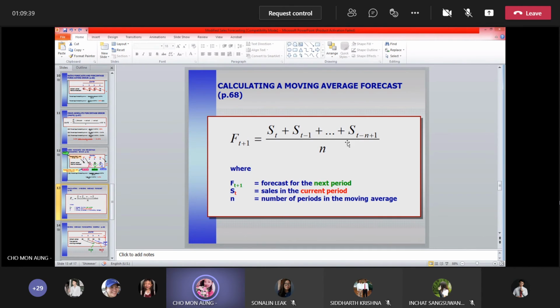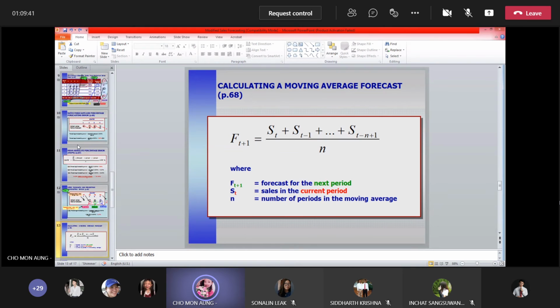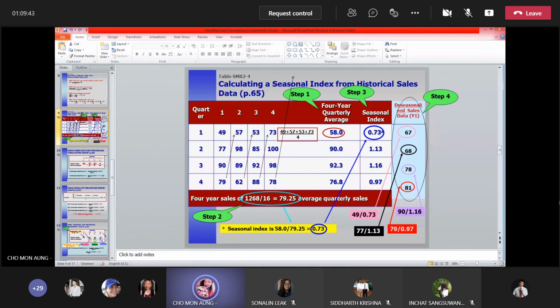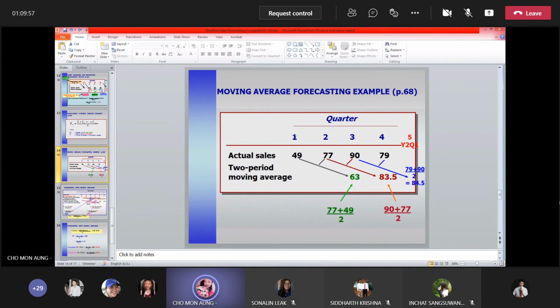Based on that, now we will be using the same table, the same numbers. Year 1, quarter 1, 2, 3, and 4, and we have the actual sales, which you see given already. According to this example, we are using 2-period moving averages.